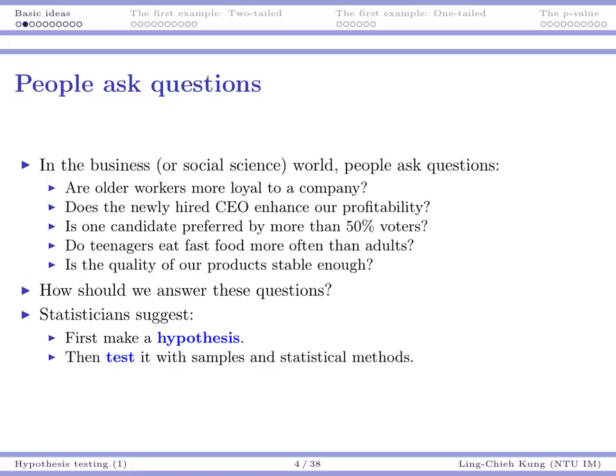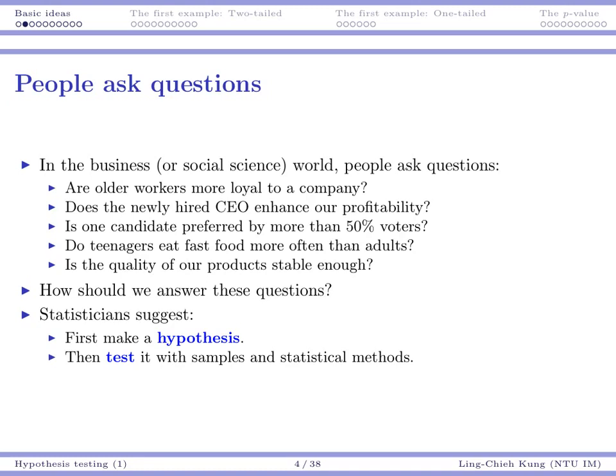So how may we answer these questions? Basically, we want to know something about our population. So we're going to first make a hypothesis, and then collect random samples, and then use statistical methods to test our hypothesis. Okay, that's the procedure that we're going to teach you how to do.